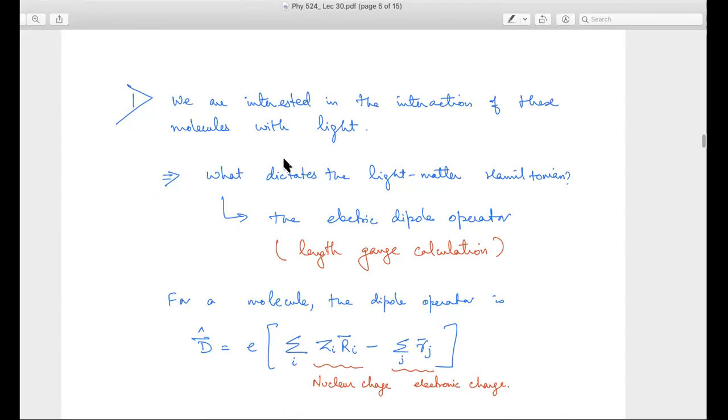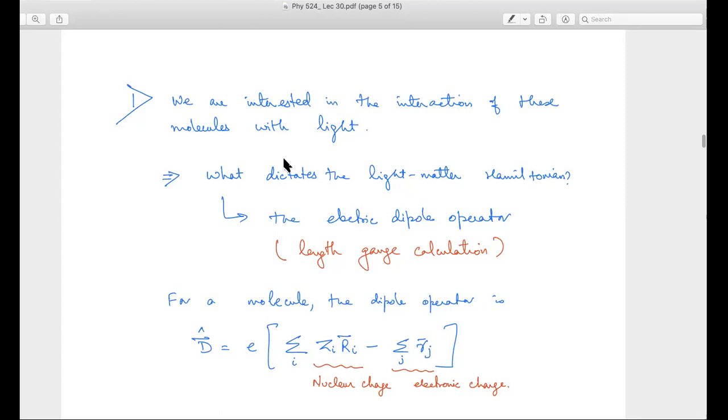In the velocity gauge, I do this minimal coupling, in which, in the Hamiltonian, P goes to P minus eA/c, and then I can do an expansion: H(P) minus eA/c times ∂H/∂P. That was the velocity gauge.